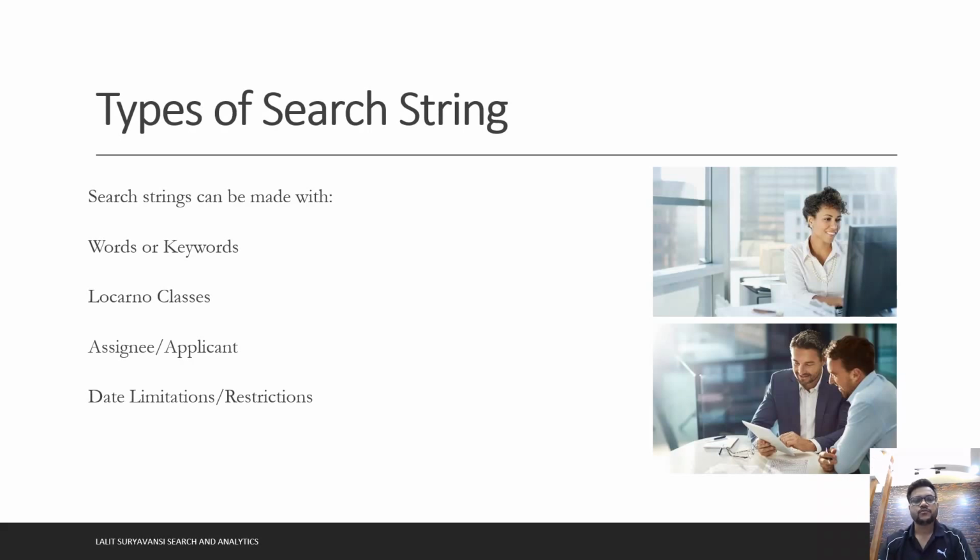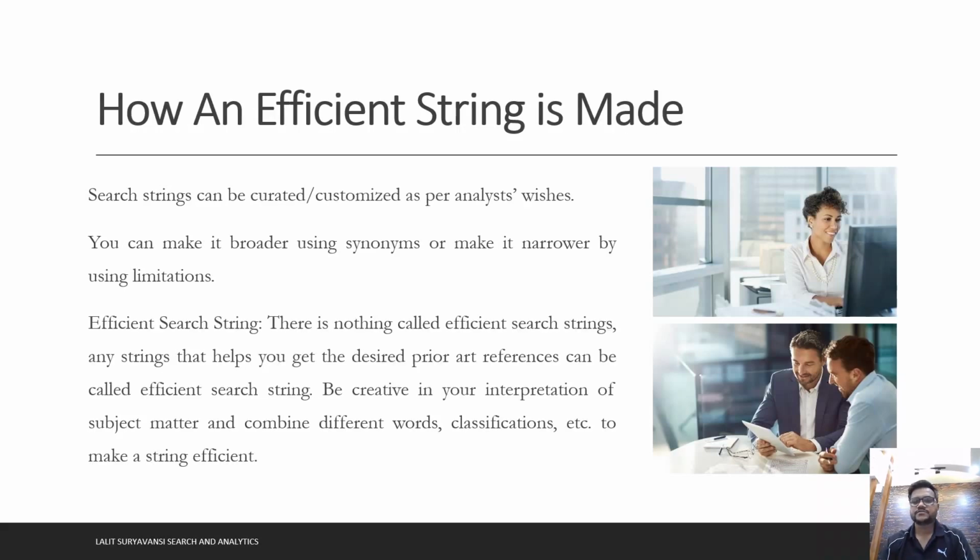The types of searches I have already mentioned. They can be based on words, Locarno classes, assignee or applicant name, or date limitation based searches. You can combine two or more different types of searches. How is an efficient search string made? A search string is made efficient by tweaking and turning it in multiple ways. If you have prepared a search string, you will run it and then analyze the first few references of it.